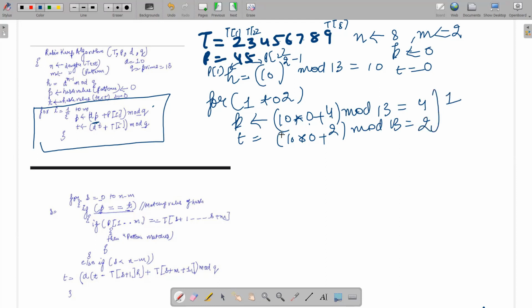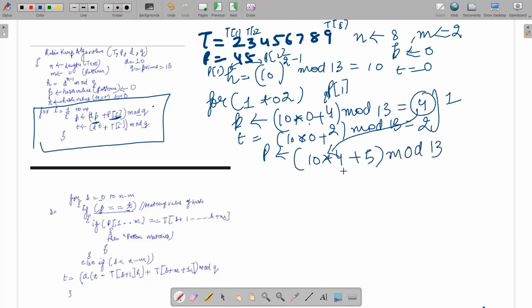If I want to calculate iteration number 2, the P value would be 10 multiplied with the current P value, which is now 4, plus P of i. Initially this was P of 1, now we will have P of 2, and P of 2 is none other than your 5. So this is mod 13, and 45 mod 13 is 6.